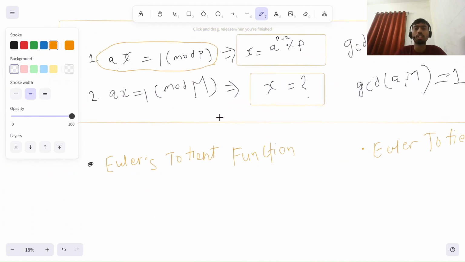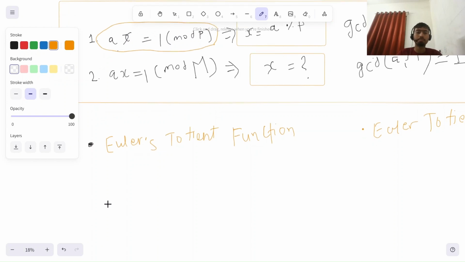Now let's discuss the Euler-Totient function first. We represent the Euler-Totient function in this way, and you can call this phi.